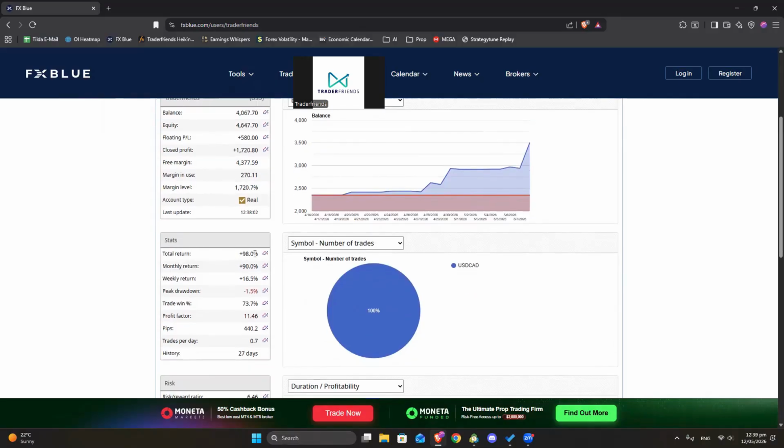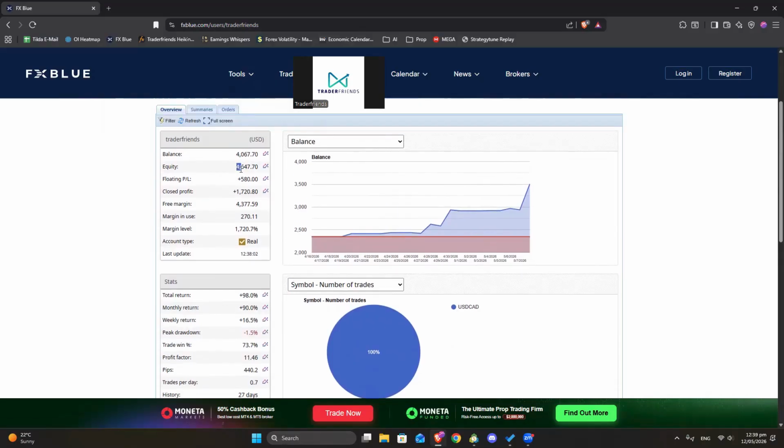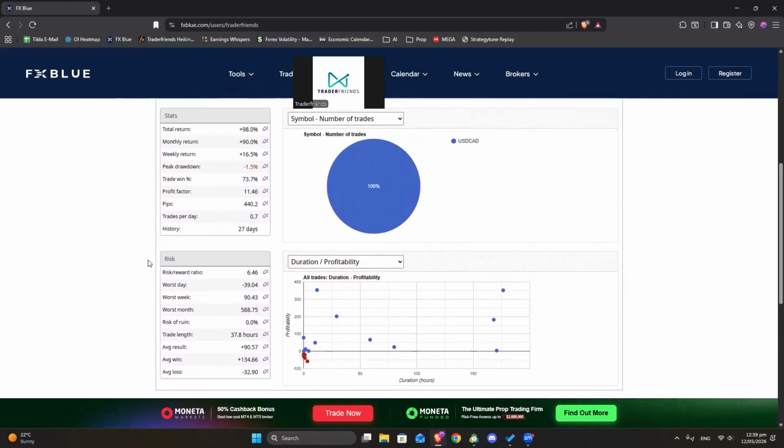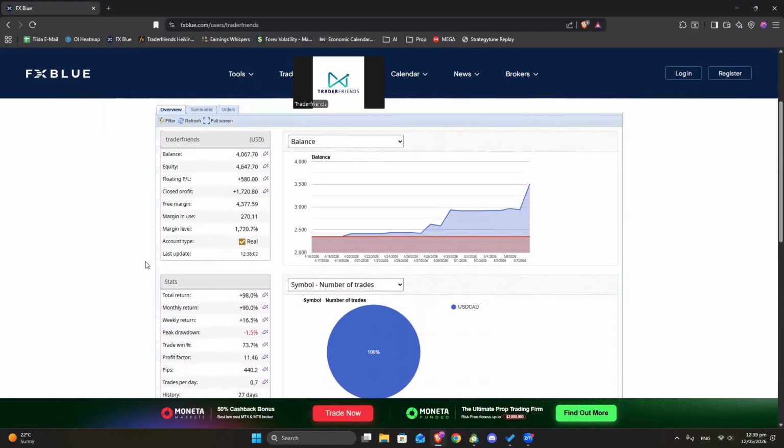Literally, that's a 100% return. If we go with 4,600, that's a 100% return in like 2 weeks. This is insane, right? And you can see all the statistics here. And I did the same thing with the US dollar, Canadian dollar. We don't need to trade NASDAQ and all that.